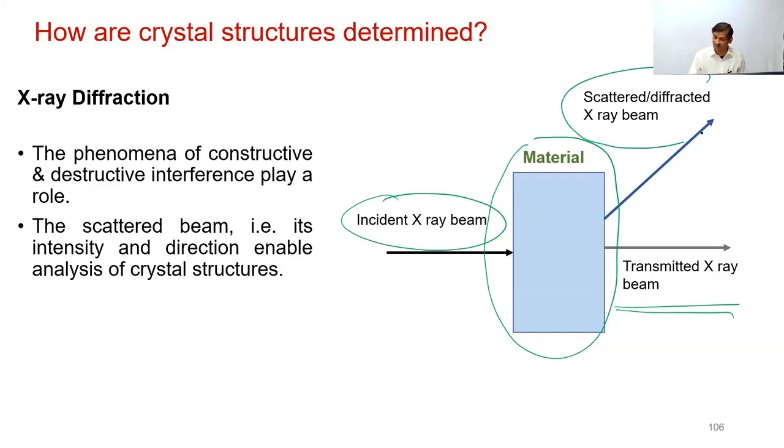So a scattered or diffracted X-ray beam, which is in another direction to the incident beam. And it is this scattered X-ray beam which actually helps us in knowing the crystal structure of the material. So it is the intensity of the scattered beam and its direction with respect to the incident beam, which tells us quite a lot about the crystal structure of the material, particularly the interplanar spacings in the material.